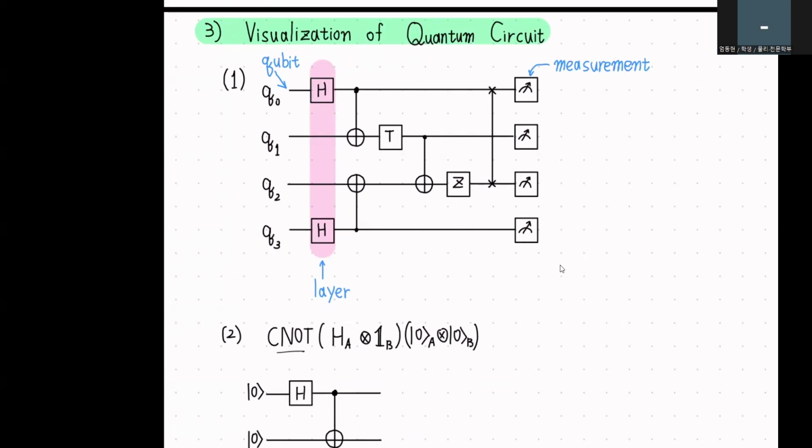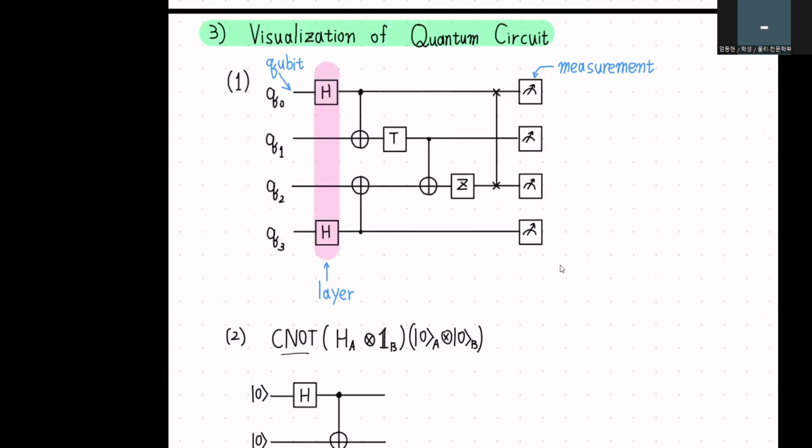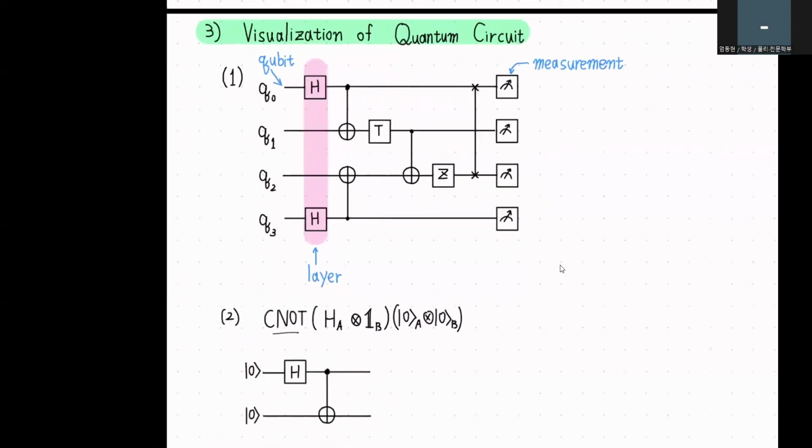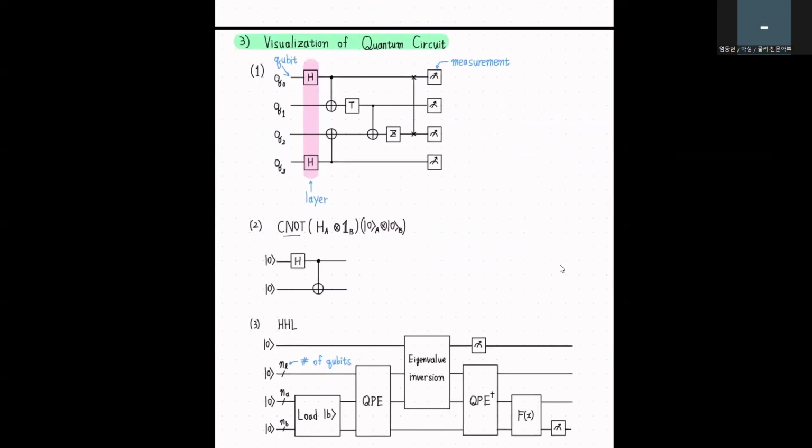And before these wires, we represent qubit labels, which represent which operations are applied to which system. There are many different conventions that you could use for the ordering of these, but the convention I like to use is that the top corresponds to the leftmost, right here, like so.